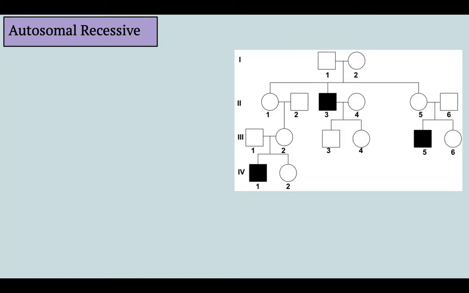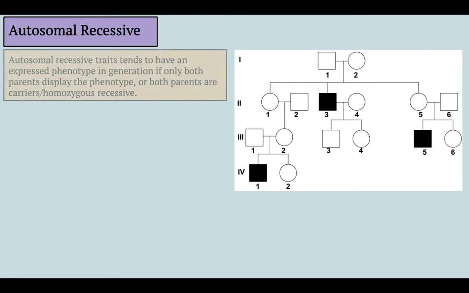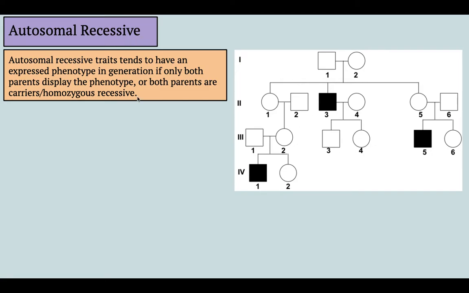Autosomal recessive traits tend to be rarer and they tend to skip generations. So when we talk about autosomal recessive traits, they tend to have an expressed phenotype in a generation only if both parents display the phenotype or both parents are carriers or are homozygous recessive.